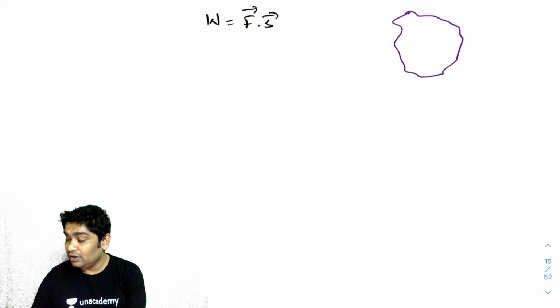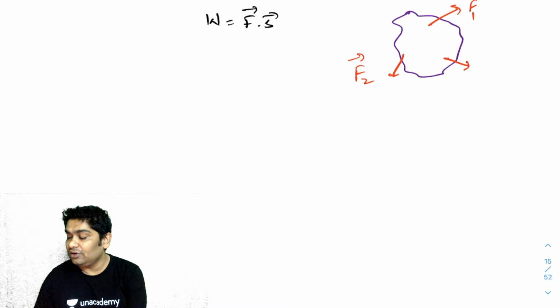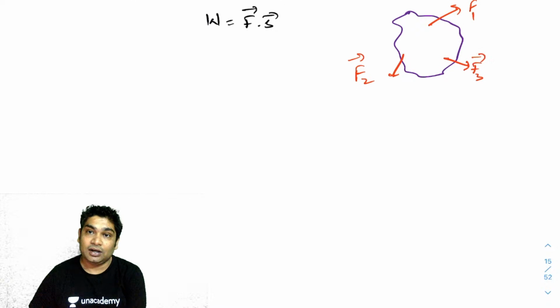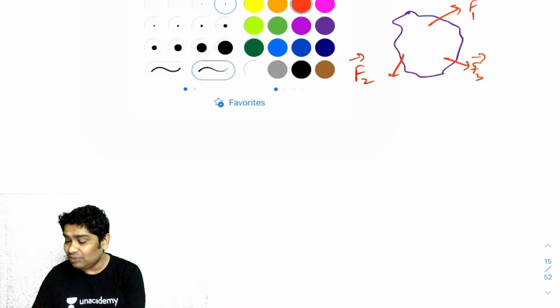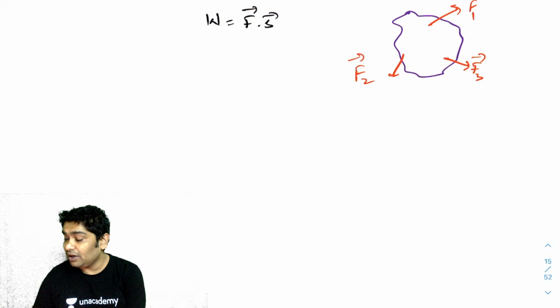Let's say here you have a force F1 vector acting on it. Here you have another F2 vector acting on it. And here you have some F3 vector acting on it. Under the influence of these forces, let's say that the body undergoes some displacement. Maybe the body has moved forward and maybe it has even rotated.